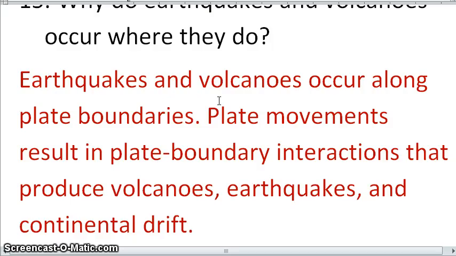Plate movements result in plate boundary interactions that produce volcanoes and earthquakes, as well as continental drift. So the interactions and the movement of these tectonic plates are going to cause or lead to earthquakes and volcanoes on the surface of the Earth, and that's why we see them in similar areas. One of the main areas we focus on is what we call the Ring of Fire, which kind of goes around the Pacific Ocean.